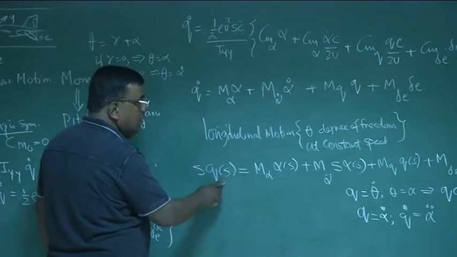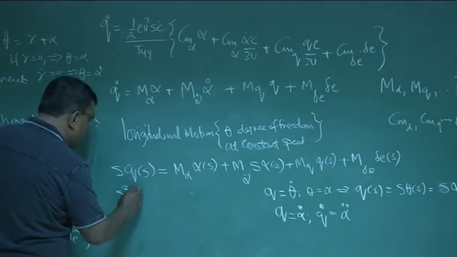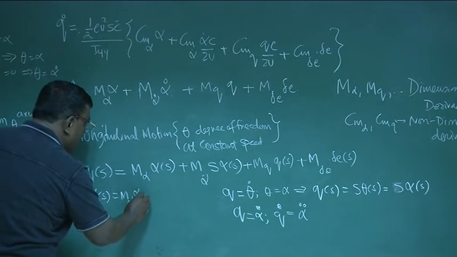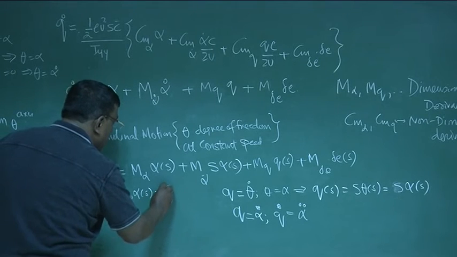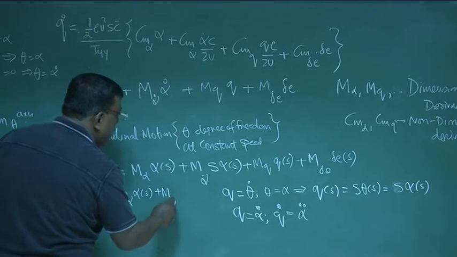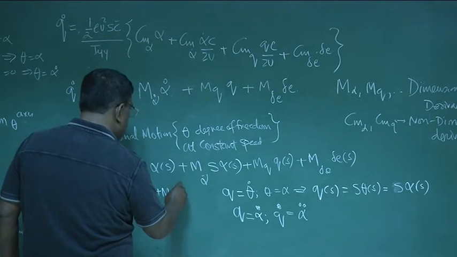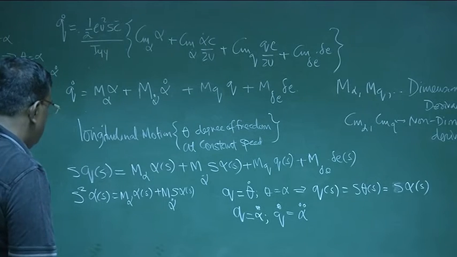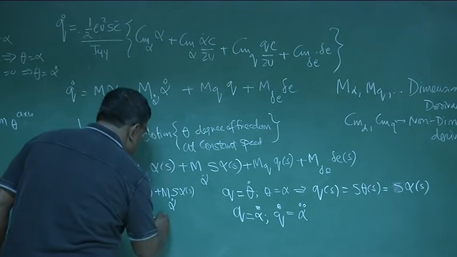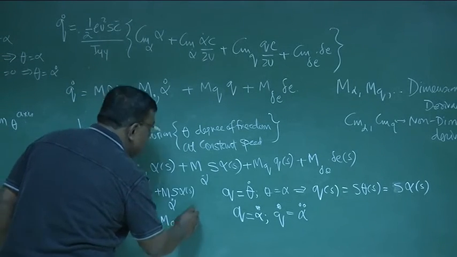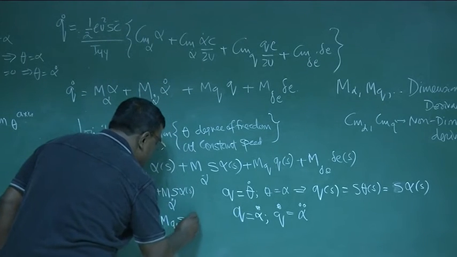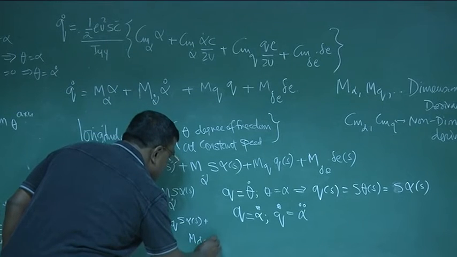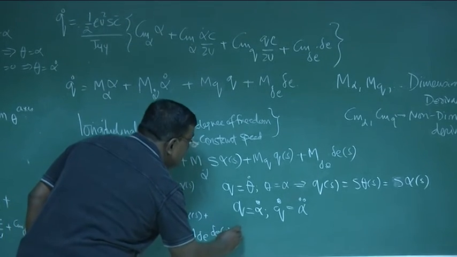For Q of S, I write S alpha S, so it becomes S square alpha S equals M alpha into alpha of S plus M alpha dot into S alpha S, plus M Q, for Q of S I again write S alpha of S, plus M delta E into delta E of S. That's all.